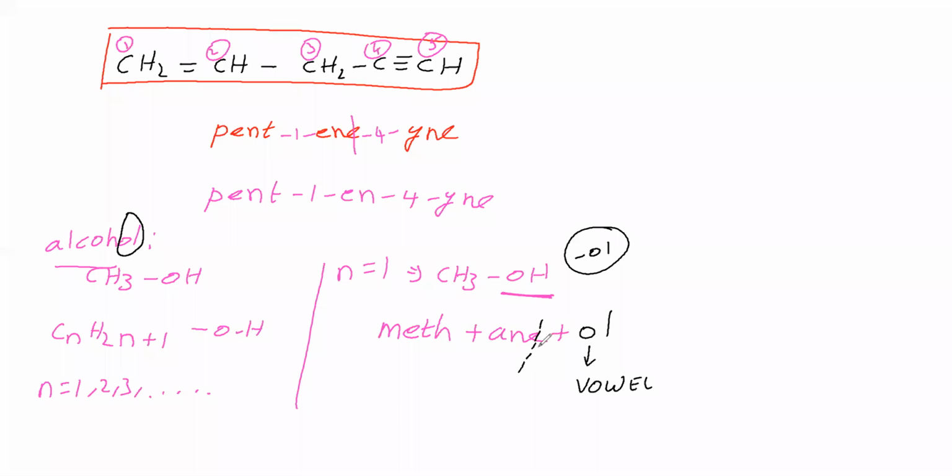Then the name of this compound is methanol. So the name of CH3OH as per IUPAC is methanol.